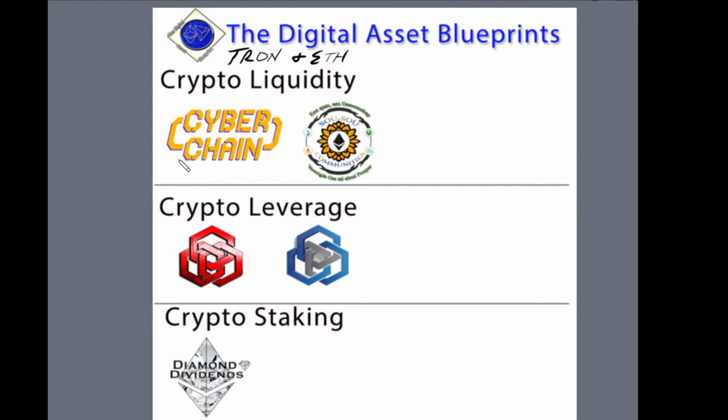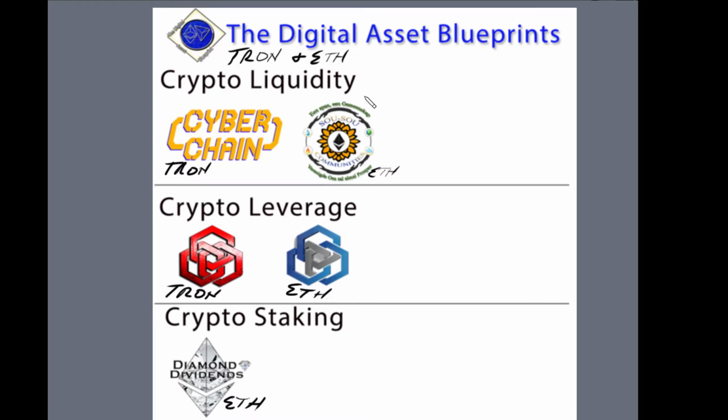All right, so what I'll do, I'll go ahead and identify which contract is on which blockchain. So Cyberchain is TRON. SuSu is on Ethereum. Tron Chain, TRON. Ether Chain, Ethereum, and then Diamond Dividends is Ethereum.